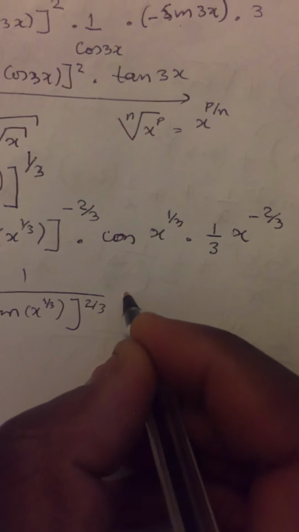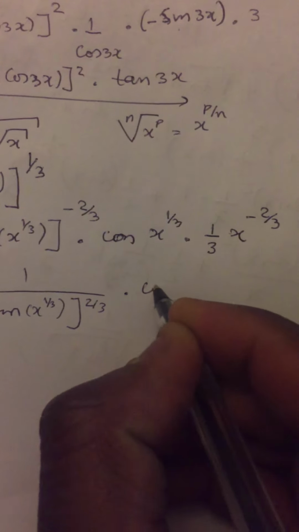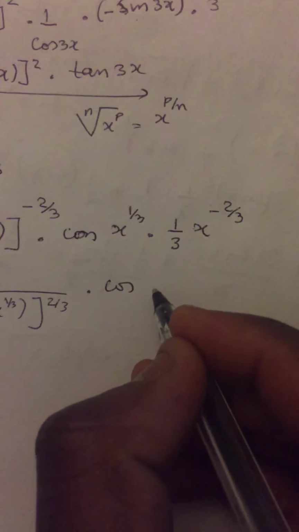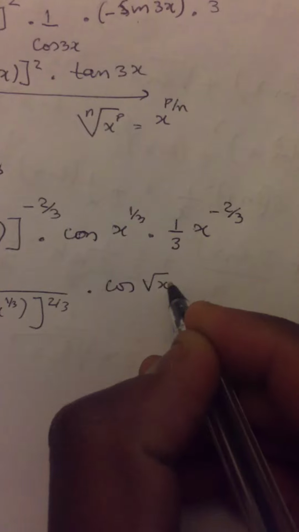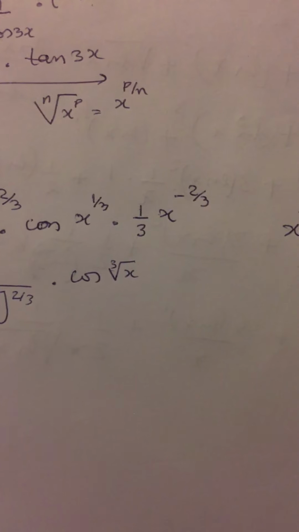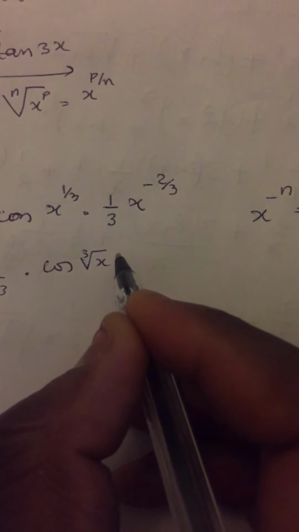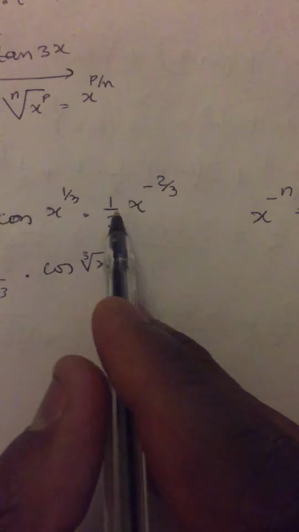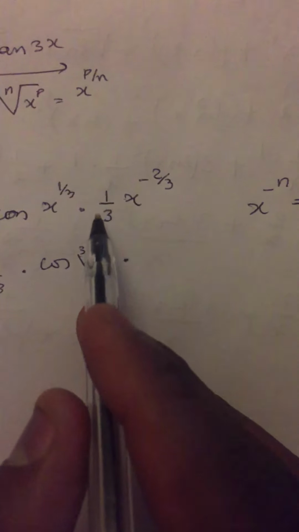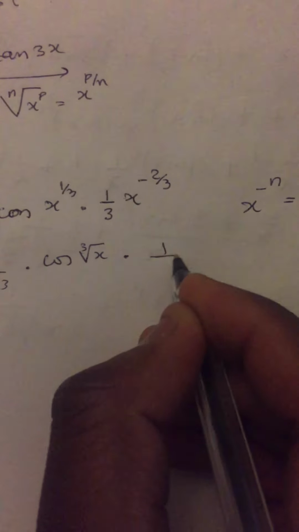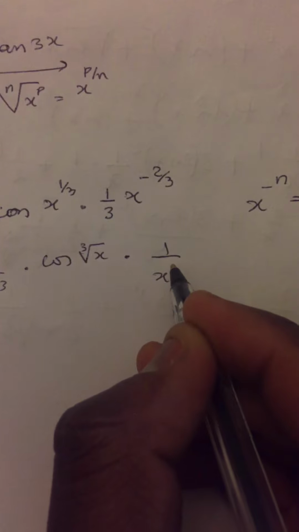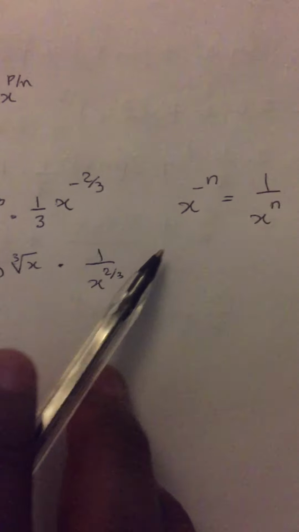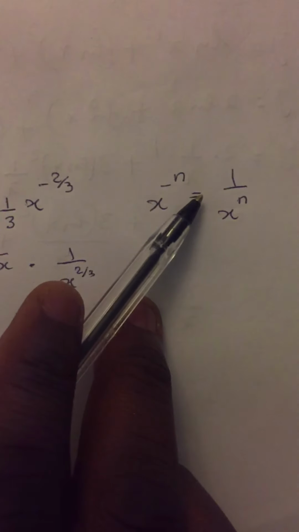Multiply by cos. This angle I can definitely take back like this. Multiply by x to the power 2 over 3, which becomes positive here. Remember our famous formula, you must know this.